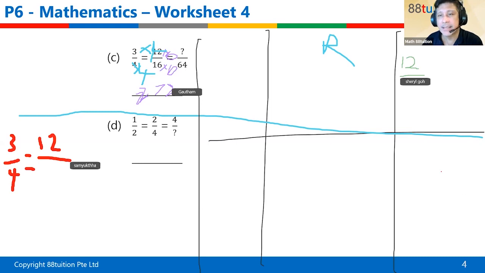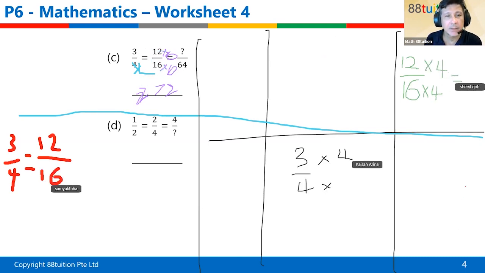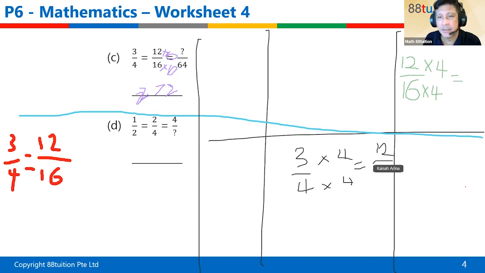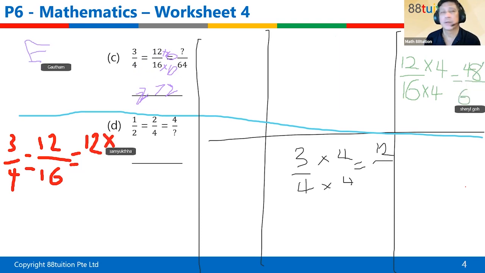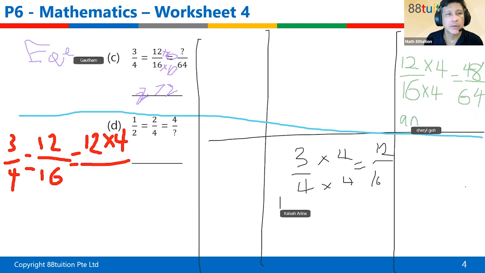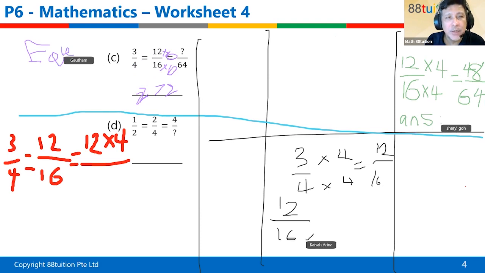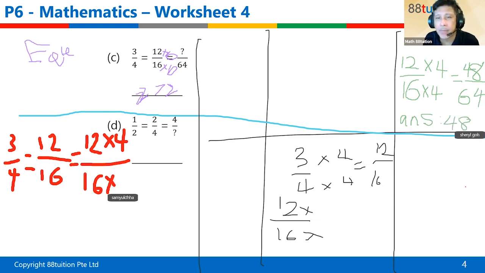Okay, yes, I can see Cheryl writing. Gotham, have you finished? Because you wrote 72 at the bottom, is it?